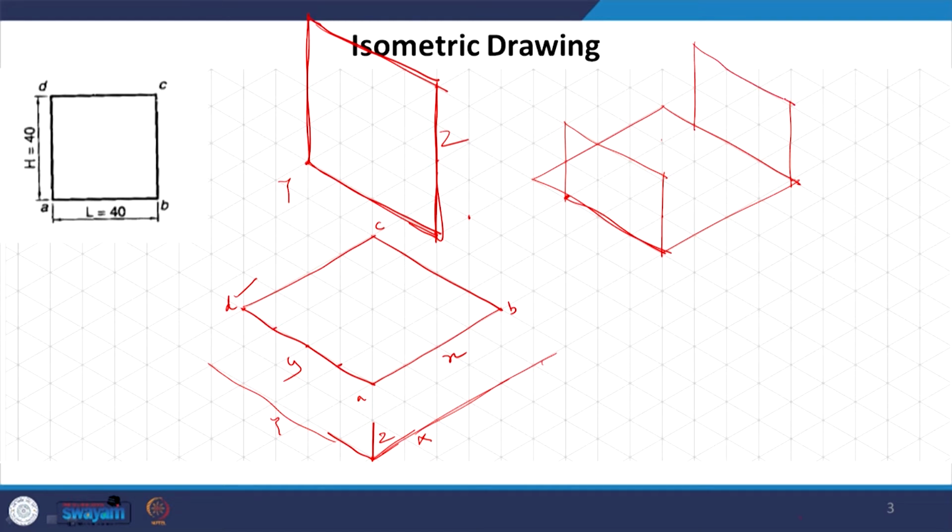These are just for reference, in very light lines, and then we have these lines which are actually derived out of this rectangle. This is the square we are talking about. So, this is the square which is inclined.